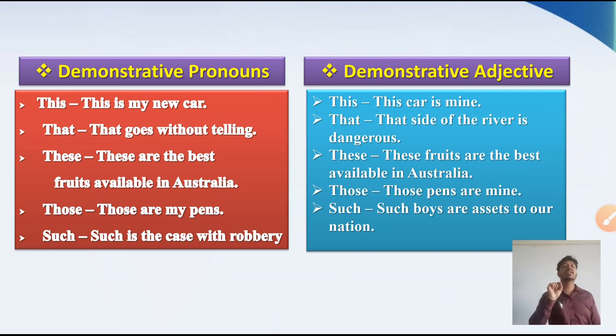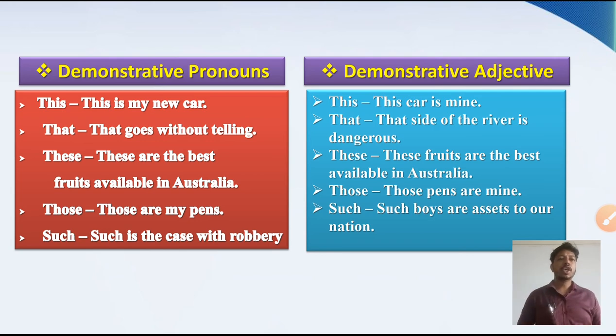Here "those" is also a demonstrative pronoun. "Such is the case with robbery." "Such" is also a demonstrative pronoun, because you can be assured that "such" is a subject, and a subject must be a noun or pronoun.